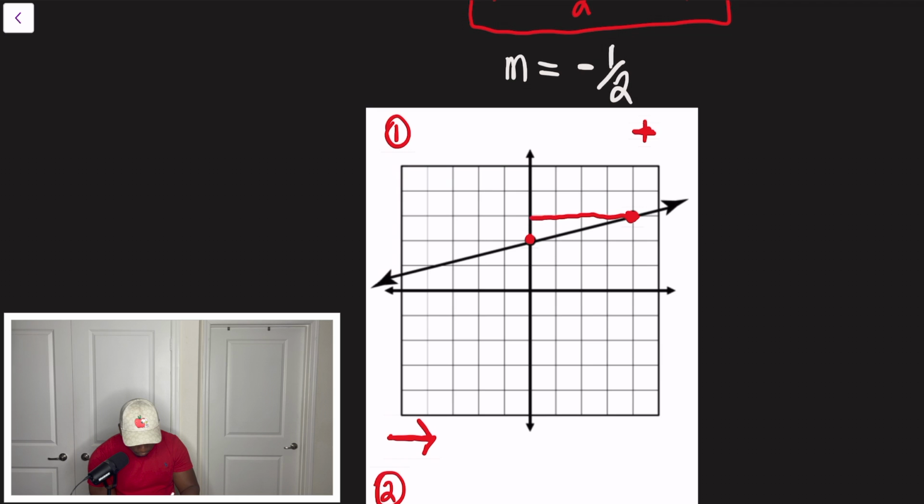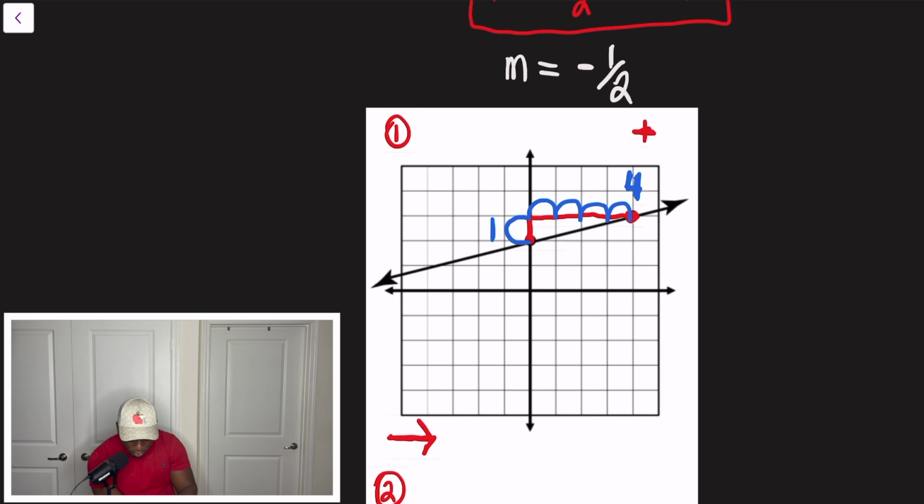And after I identify the 2 points that they gave us, I'm going to connect them through a triangle. So now I know my rise over run. I'm going to find the rise over run. So I know we went up one and then we went over 1, 2, 3, 4.